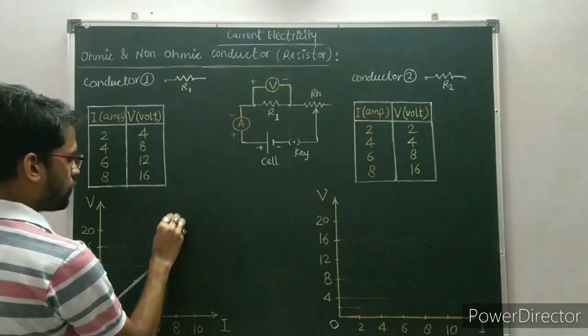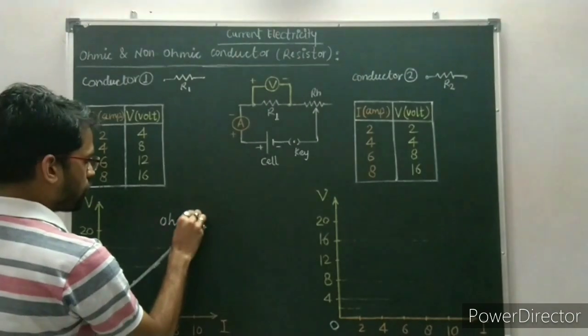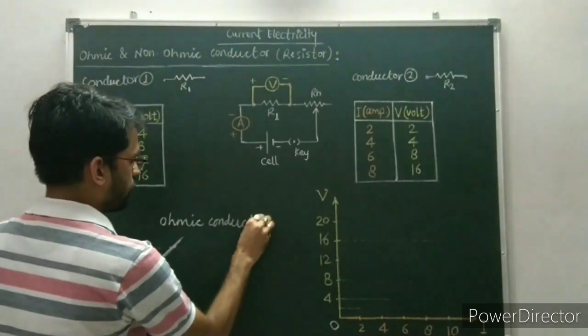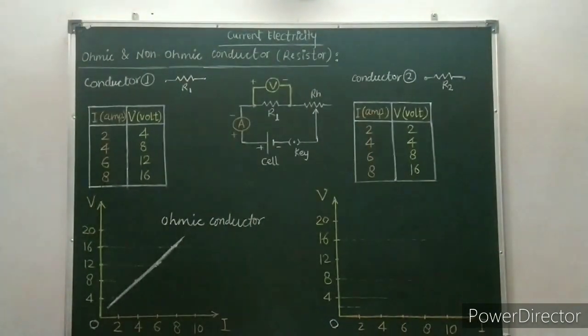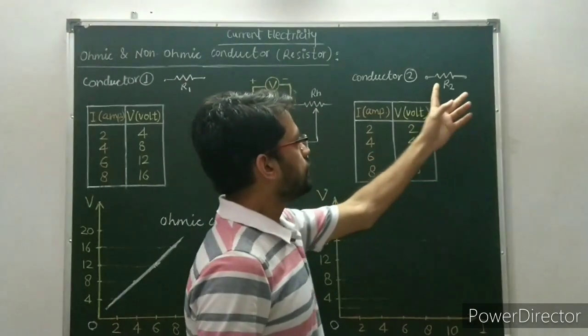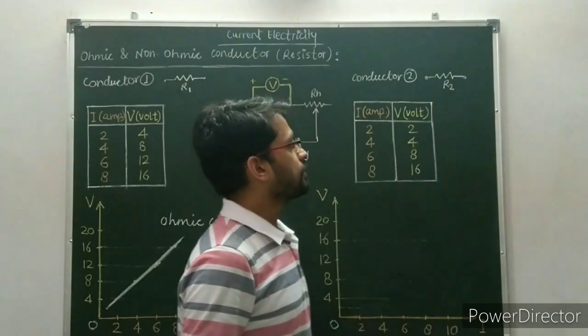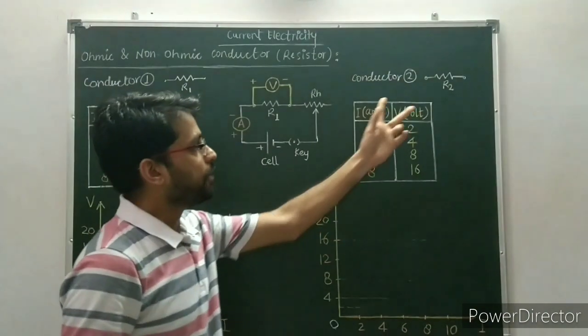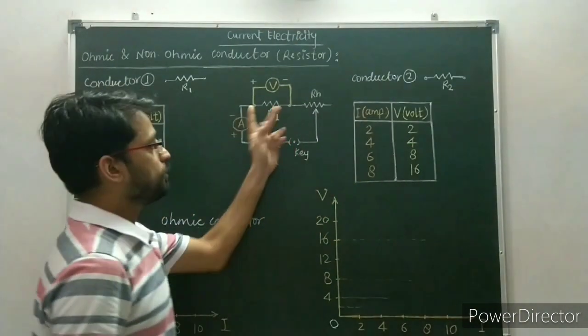This is an ohmic conductor. Now come to the second conductor. This is the second conductor having resistance R2. In order to check the behavior of this conductor, we have to connect this conductor across these two terminals.